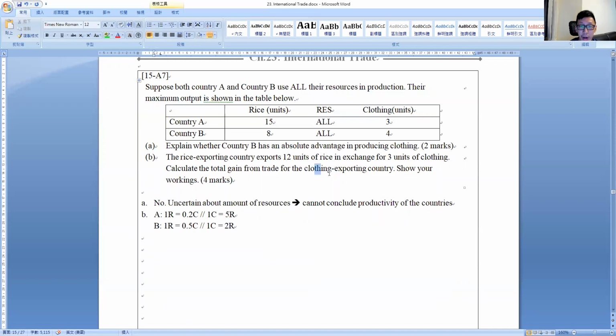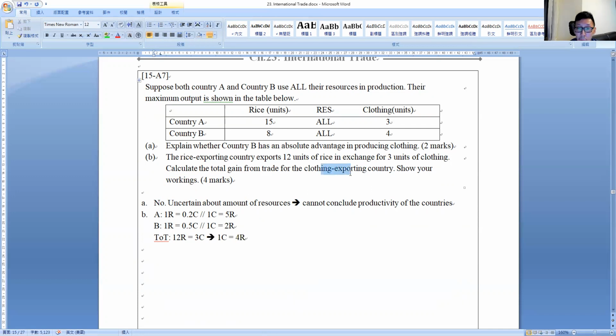Now calculate the total gain from trade of the clothing exporting country. We know the terms of trade will be 12R equals 3C, meaning that 1C equals 4R, right?